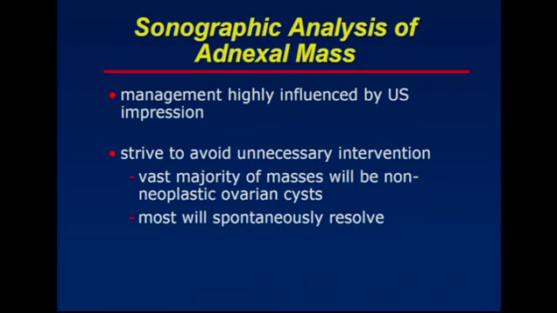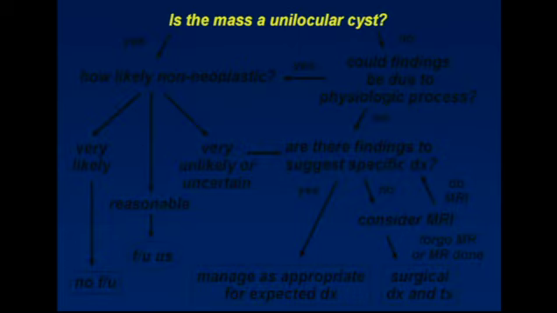The management of adnexal masses is highly influenced by the sonographic impression that you will provide in your report. We want to strive to avoid unnecessary intervention because, remember, the vast majority of the masses you see in the adnexa of a woman are going to be non-neoplastic ovarian cysts, and most of these are going to spontaneously resolve.